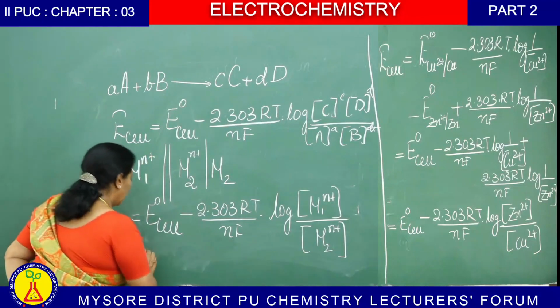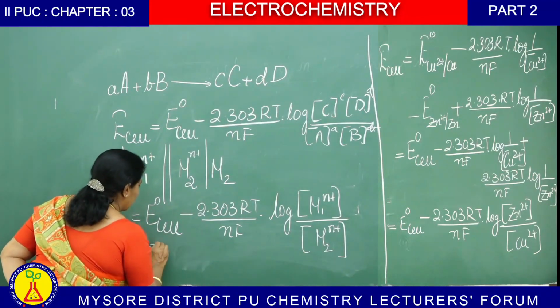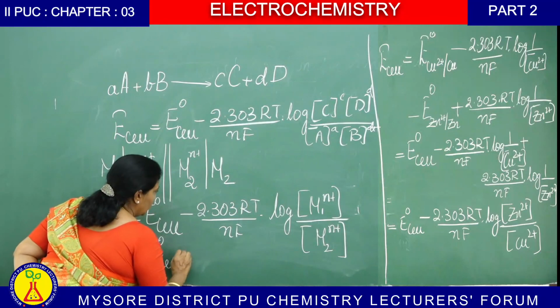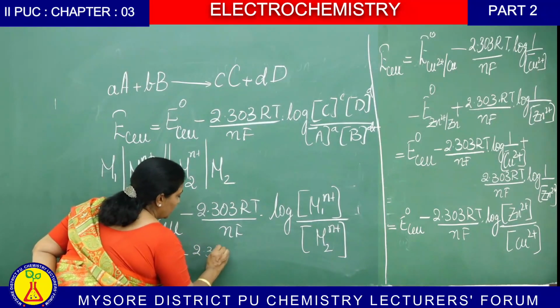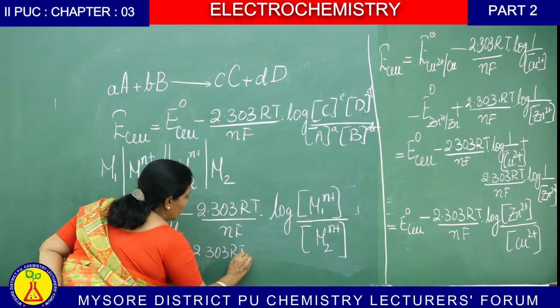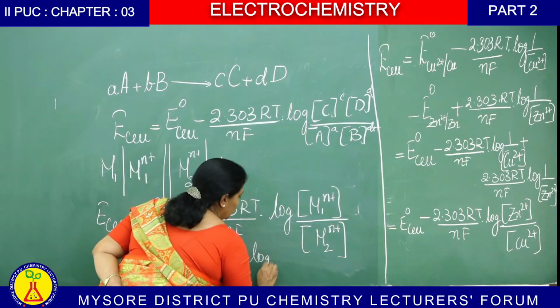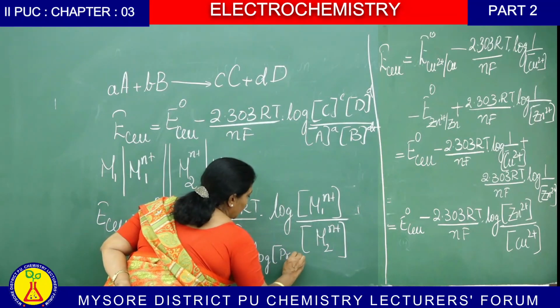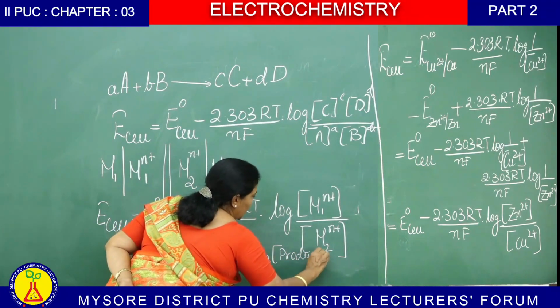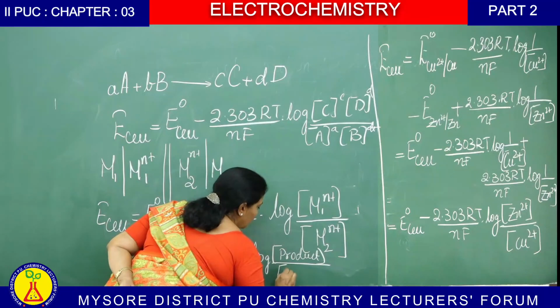Or in more general terms, I can write it as E naught of cell minus 2.303 RT by nF into log of concentration of product divided by concentration of reactant.